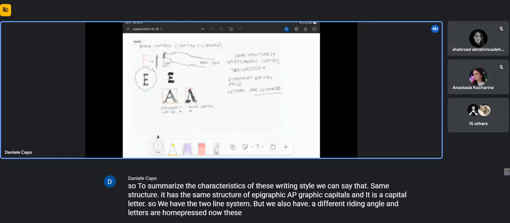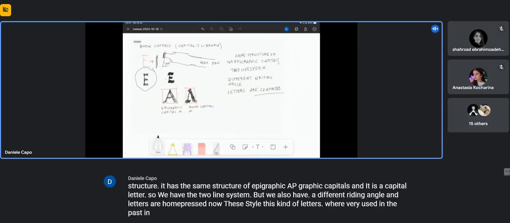This style, this kind of letters, were very used in the past, until the 5th century after Christ. But at one point they became obsolete.